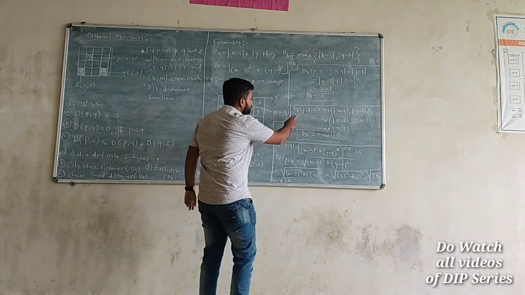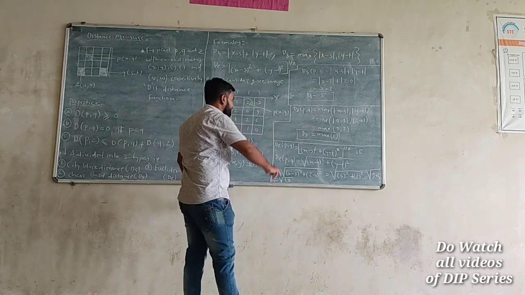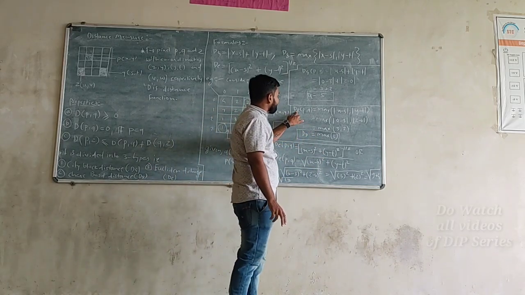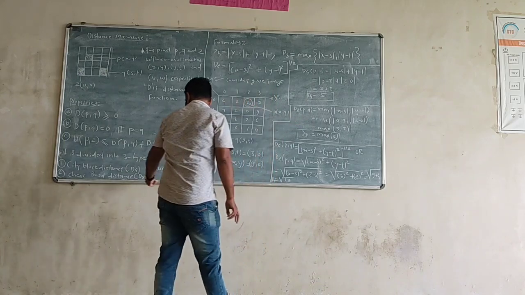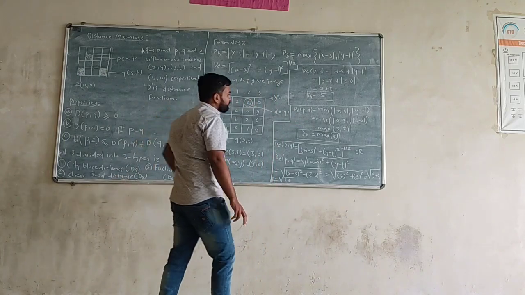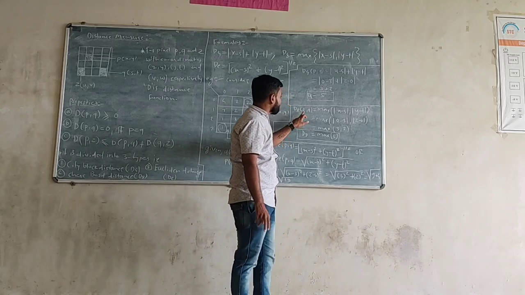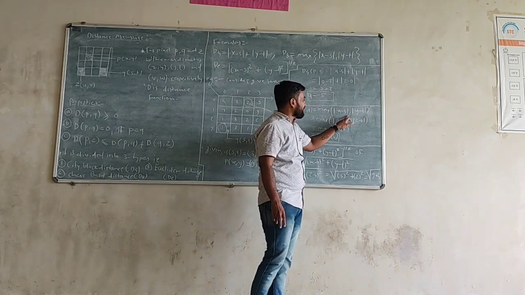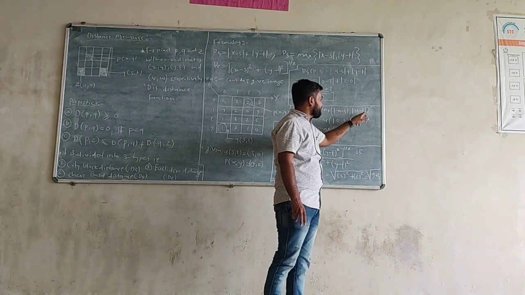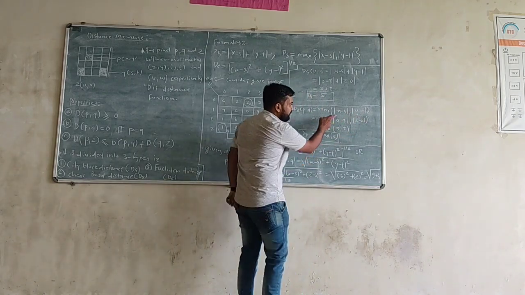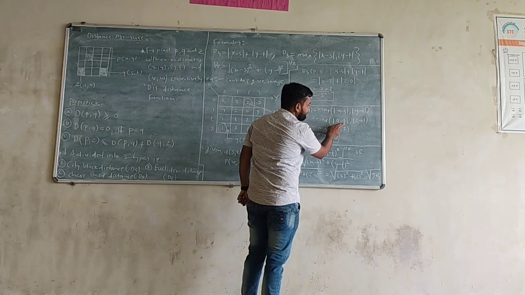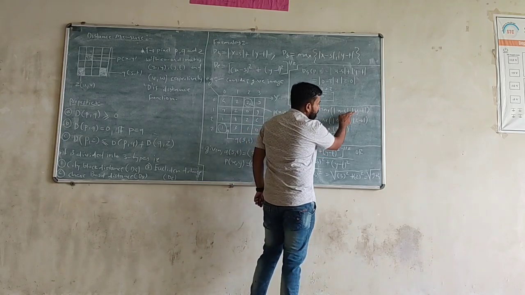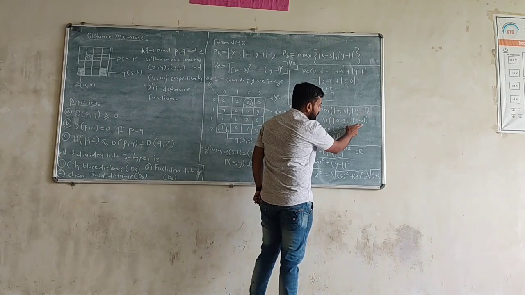Similarly, if we want to find out the chessboard distance, it is given as D8. The formula for D8 of P, Q is equal to max of mod of x minus s comma mod of y minus t. So put the value of x as 0, value of s as 3, value of y as 2 and value of t as 0.